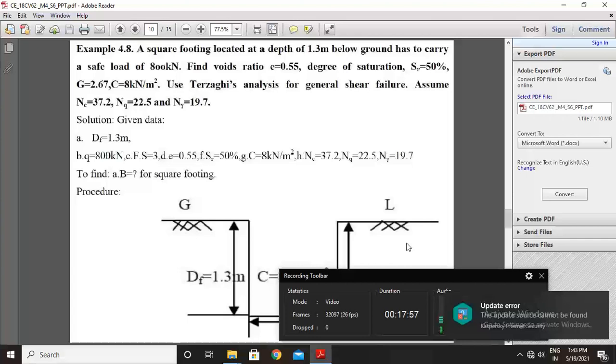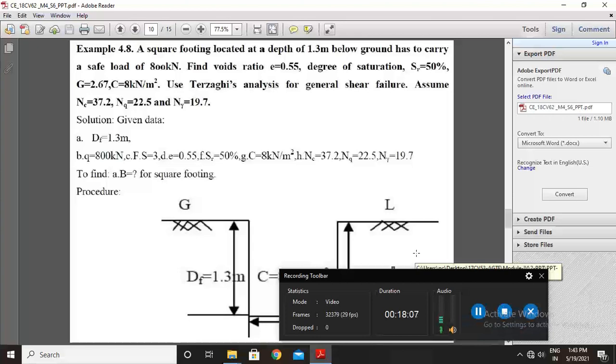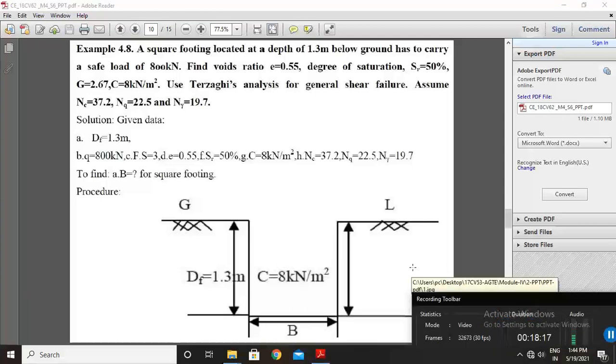Now see the solution, given data. Depth of the footing is 1.3 meter, Q is given 800 kilonewton, factor of safety is given 3, void ratio is given 0.55, degree of saturation is given 50%, c is given 8 kilonewton per meter square, Nc is given 37.2, Nq is given 22.5, N gamma is given 19.7.